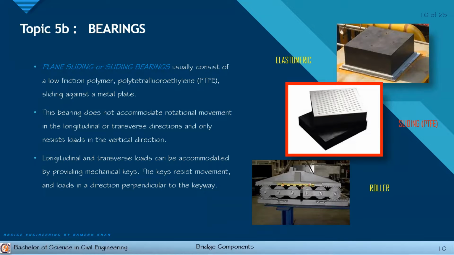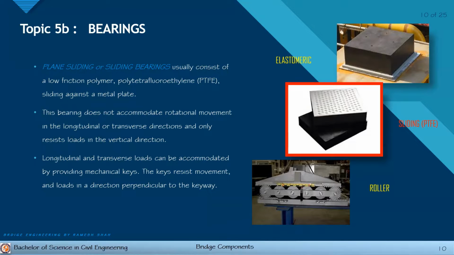So kanina nagre-resist yung ating elastomeric sa vertical or horizontal na mga direction. But dito sa ating sliding, nagre-resist siya ng vertical direction but does not accommodate also the rotational and longitudinal and transverse. So parang kabaliktaran din siya ng ating elastomeric.